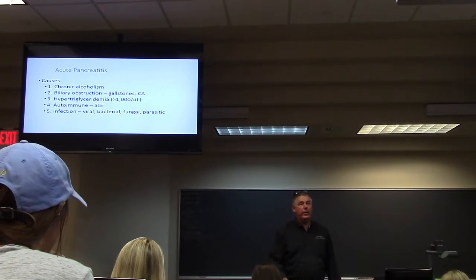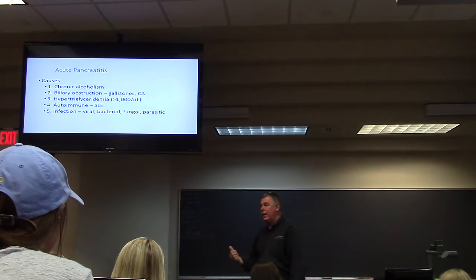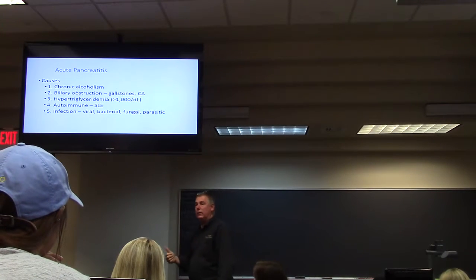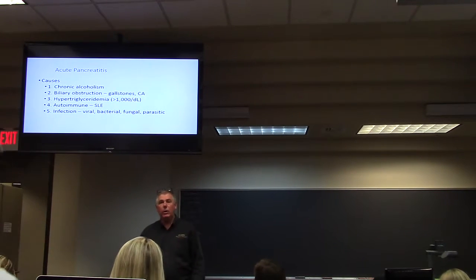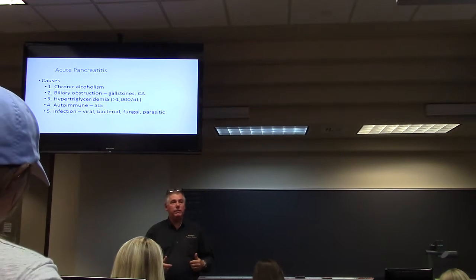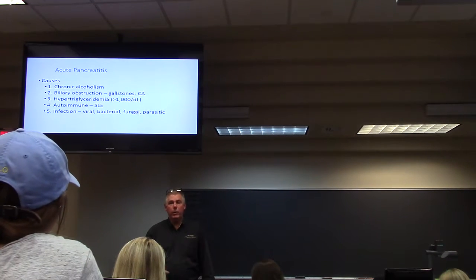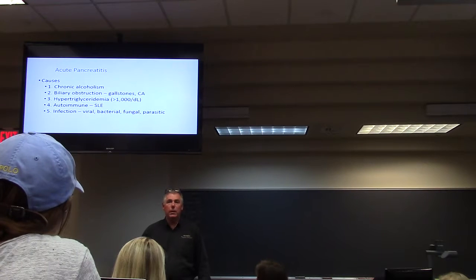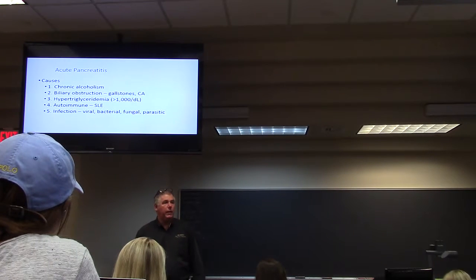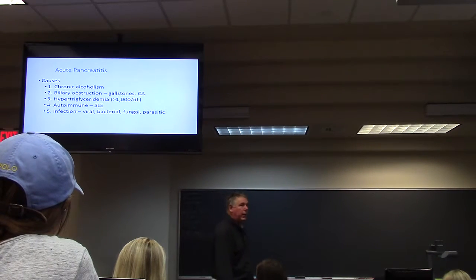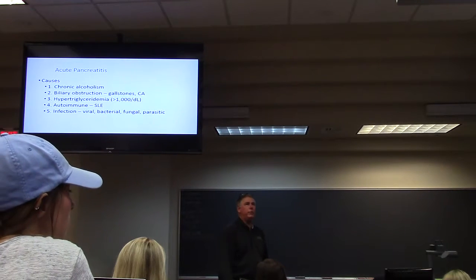The point here is that an elevated triglyceride, even as high as over 1,000, does not result in an increase in the risk factor for CAD, coronary artery disease, or atherosclerosis. This is the only thing really that triglycerides caution you for.